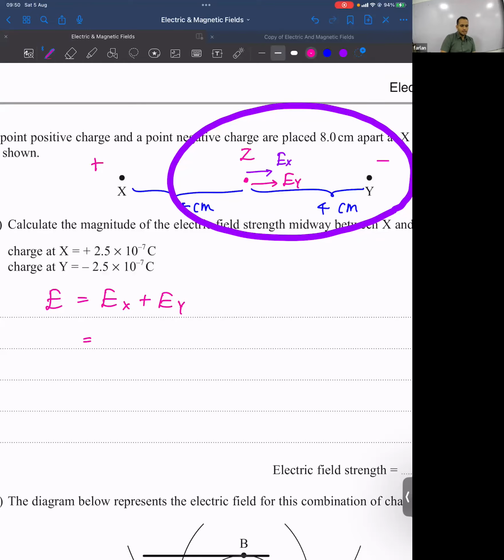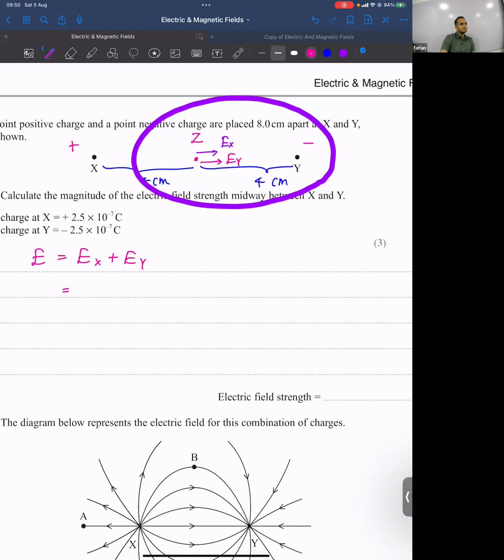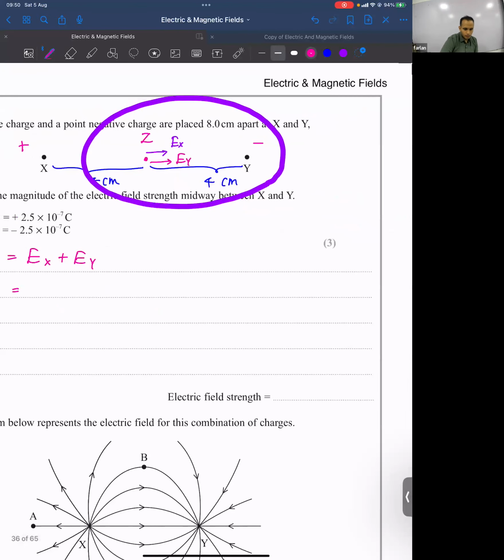Ex will be, because electric field strength is given by force per unit charge, 1/4 pi epsilon naught Q1 Q2 over R square. One charge is 1 coulomb, so Q1 into 1 over R square. So Ex will be 1/4 pi epsilon naught.